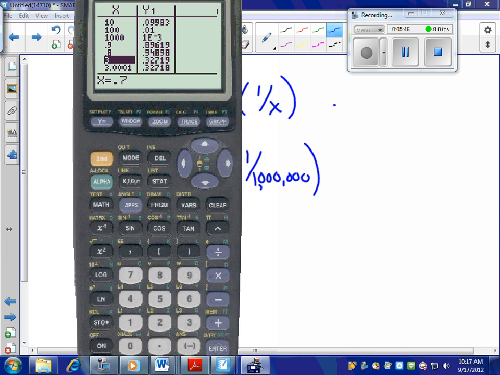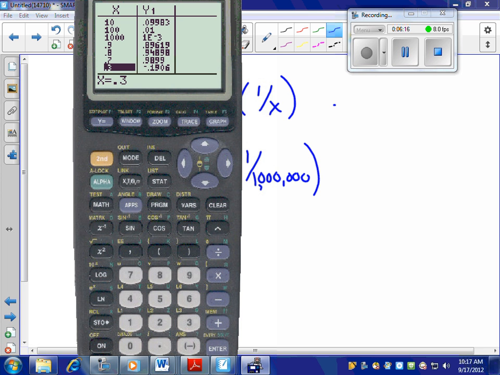Let's plug in 0.7. Now we get 0.98. Plug in 0.6. 0.99. Plug in 0.5. 0.90. 0.4. 0.59. If I plug in 0.3, now I get a negative 0.19.